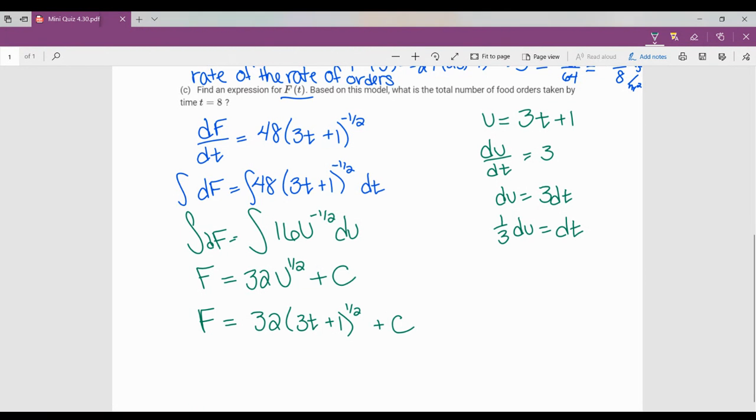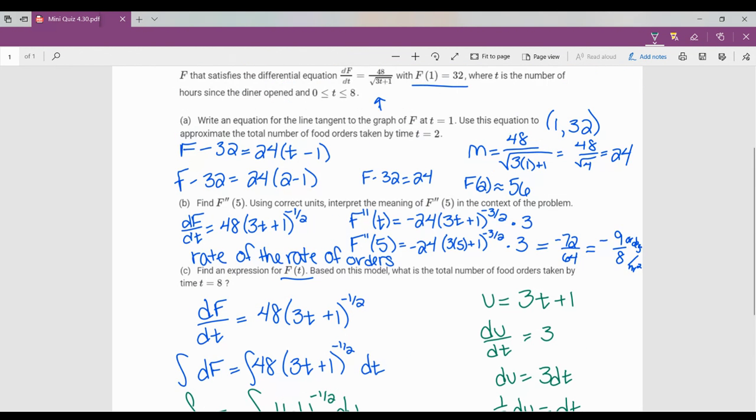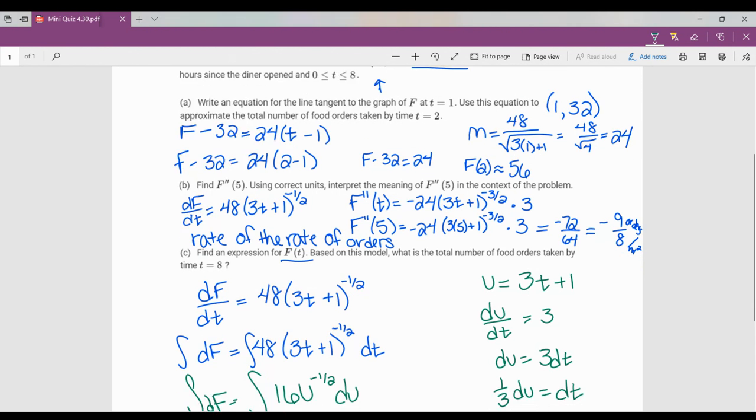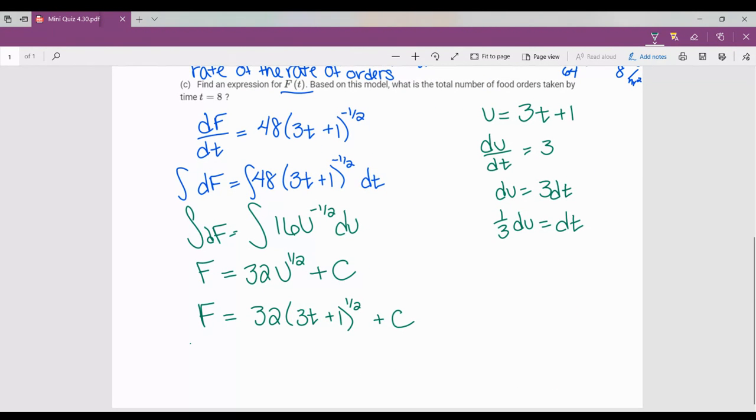So now I want the final equation. What is f of t? So I have to plug in my initial value. My initial value was back up at the top, 1 comma 32. So 32 equals 32 times 3 times 1 plus 1 to the 1/2 plus c. All right, so we've got 4 to the 1/2.